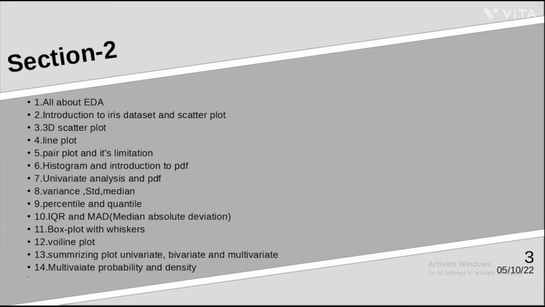We will learn about that. Also we will learn about variance, standard deviation, mean, median, and percentile. What is a percentile, what is a quantile, what is an IQR, the interquartile range, and how it is useful in terms of data preprocessing. Okay, and there are lots of other topics that we will cover in section 2.